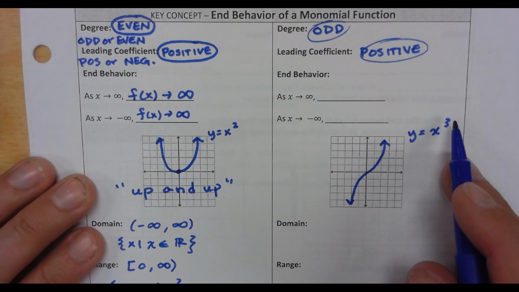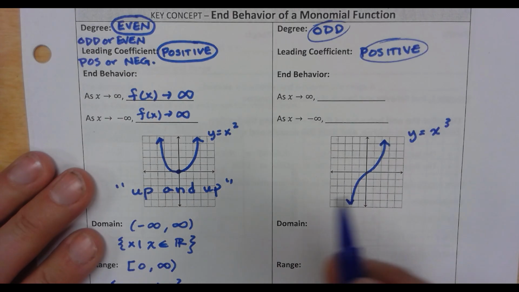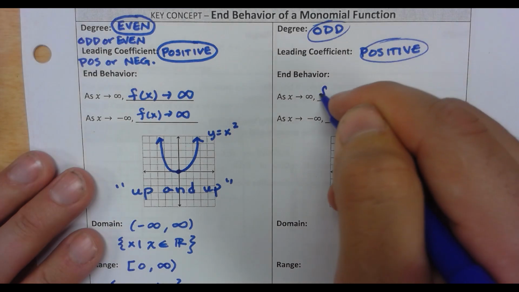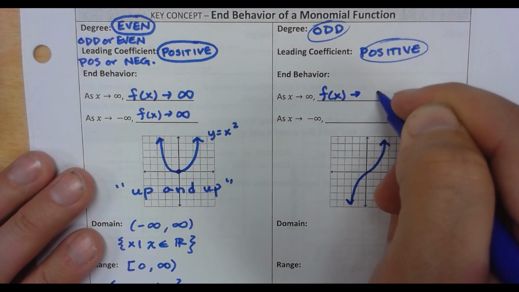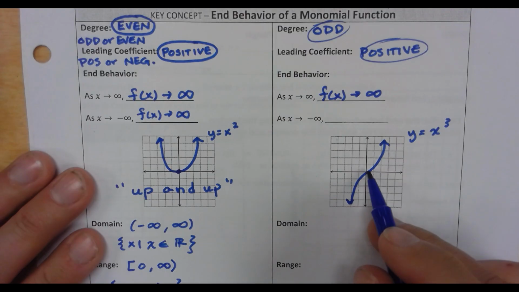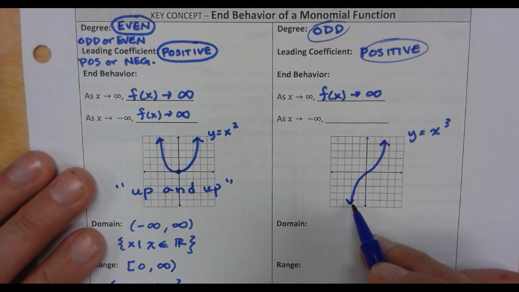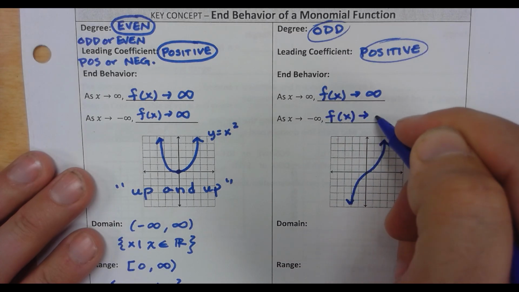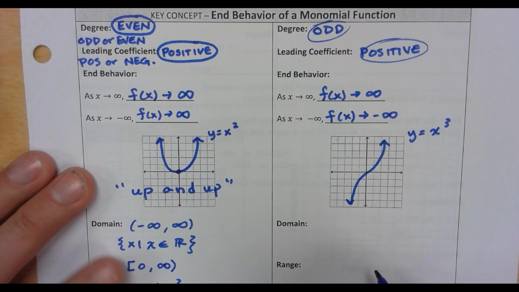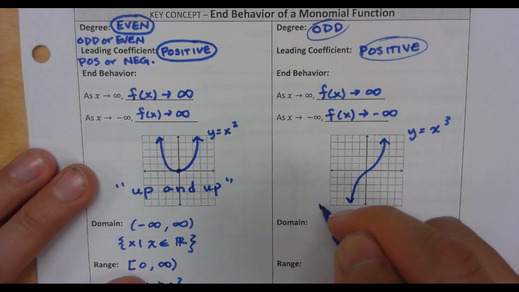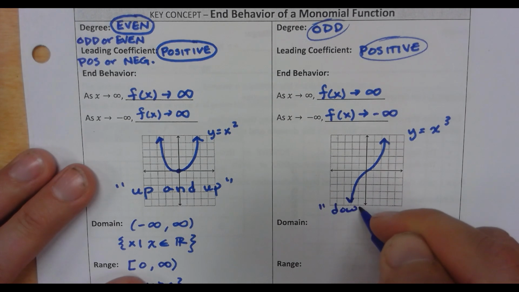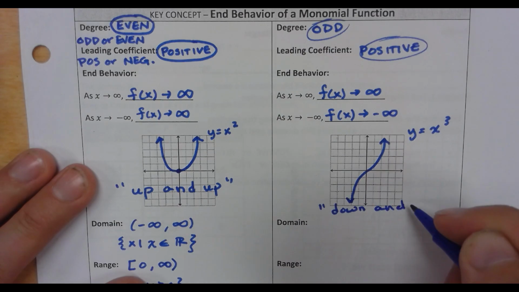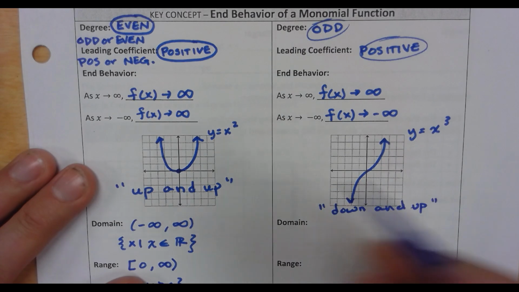Odd degree, 3 is an odd number. As x approaches infinity, f of x also approaches infinity. As x approaches negative infinity, we see that f of x approaches negative infinity. So what's this graph doing? It's down and up as we look from left to right.